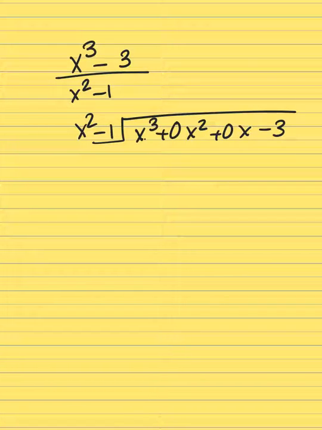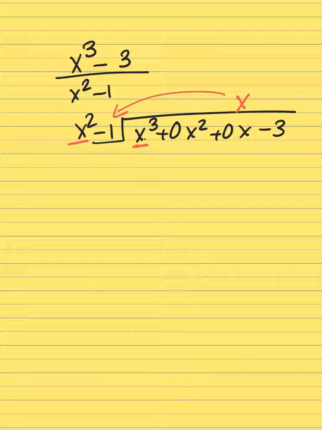So then I'm going to say, all right, if I do x squared and x cubed, what am I going to multiply x squared by to get x cubed? Well, I just need one more x, so that's an x. And then I put it above the x spot. Again, still multiply here. X times x squared is going to be x cubed.